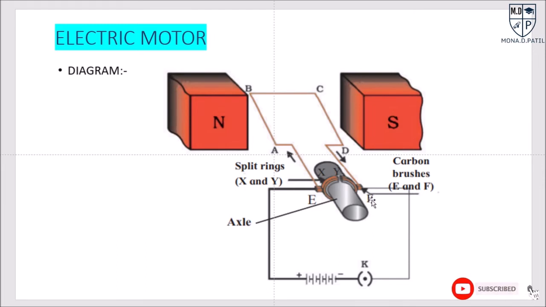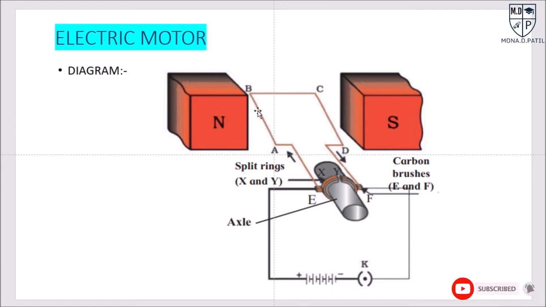Respectively. When the circuit is completed as shown in the figure, the current flows in the branch AB of the loop from A to B through the carbon brushes E and F. Since the direction of the magnetic field is from North Pole to South Pole, according to Fleming's left-hand rule, a force is exerted on the branch AB and pushes it down.